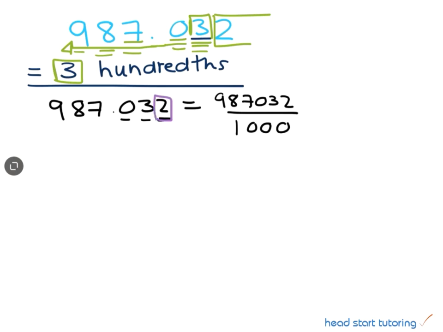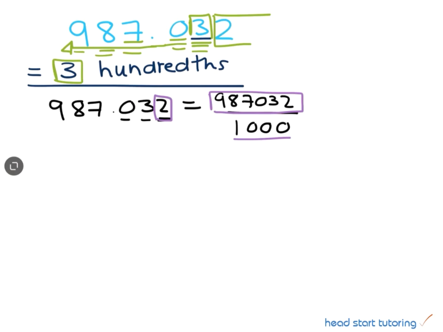Right, but how many thousandths are there in this entire number? There are many more than just 2 thousandths. We've actually got 987,032 thousandths in this number, and that is because our number is already a decimal which we can convert into a fraction out of 1,000.